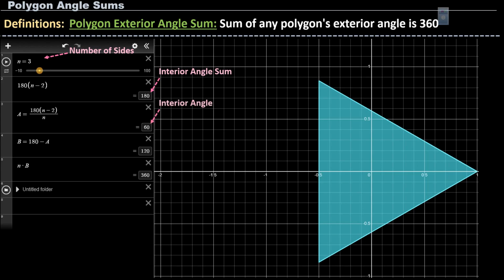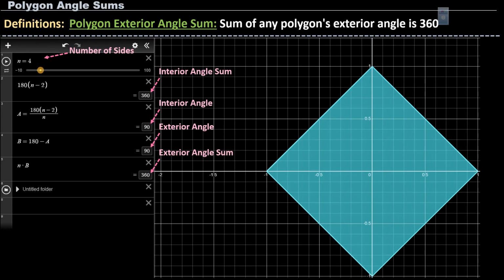Then it's showing us what each interior angle is, in this case 60. The exterior angle, so 180 minus 60, which is 120. And then the exterior angle sum, which is 120 times 3, because there's 3 of them, that's 360. Now, as we increase the number of sides, these numbers are going to change, and we're going to watch how it changes.